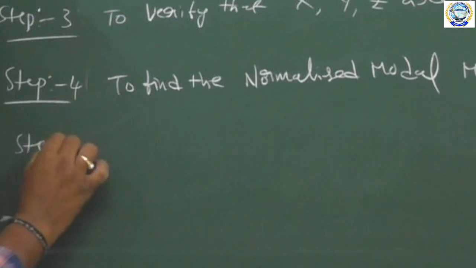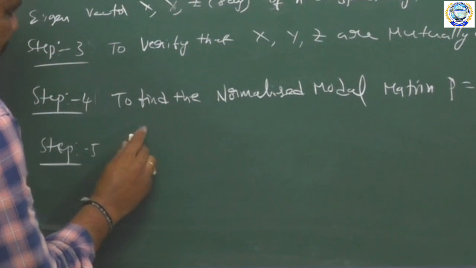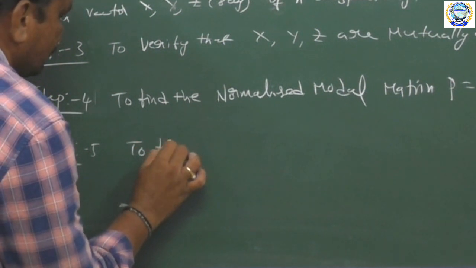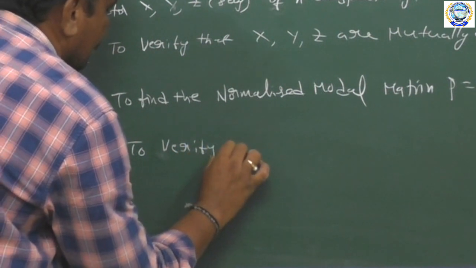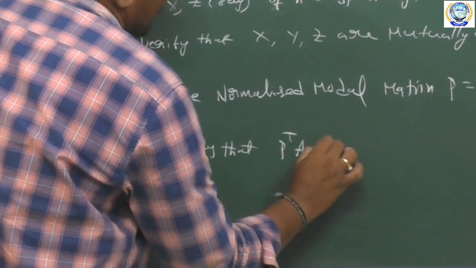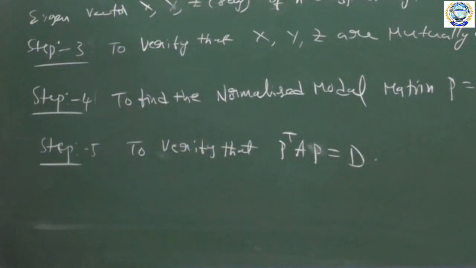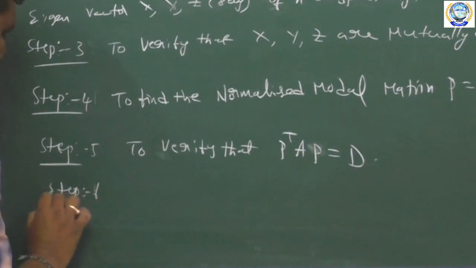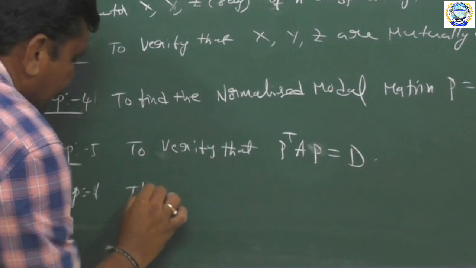Next, in step 5, to verify that P transpose AP is equal to D. In the last step, we get the canonical form.